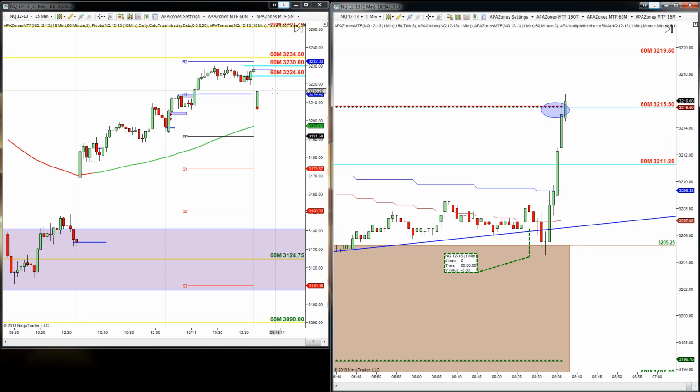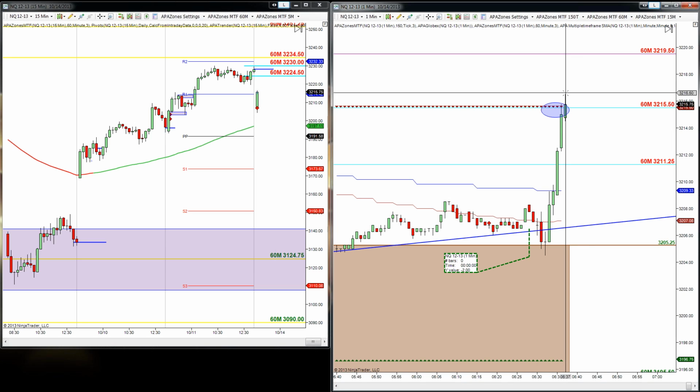And there it goes. Let's see if we can finish out this candle with some strength and power here.